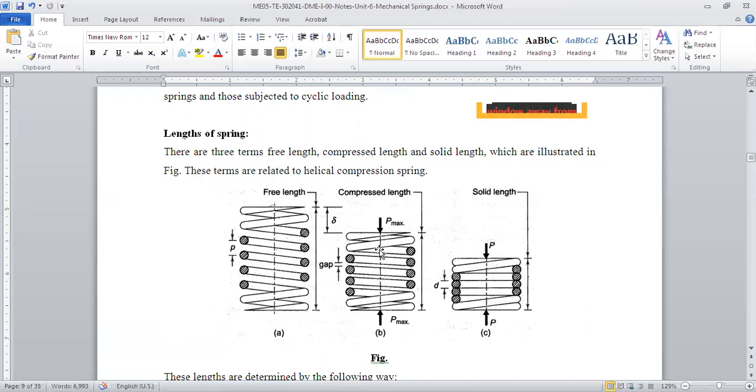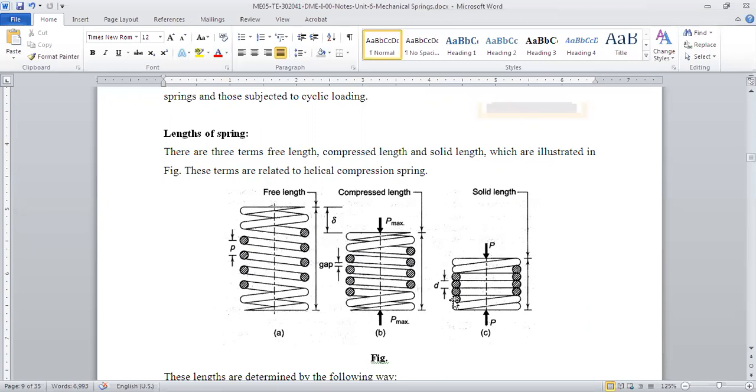In the compressed length, or the maximum allowable load case, still a little gap is required. We do not want coils to touch each other when we have a load on it, right? So we will have a minimum gap between each coil, and that length with the minimum allowable gap is called compressed length. Are you getting my point?